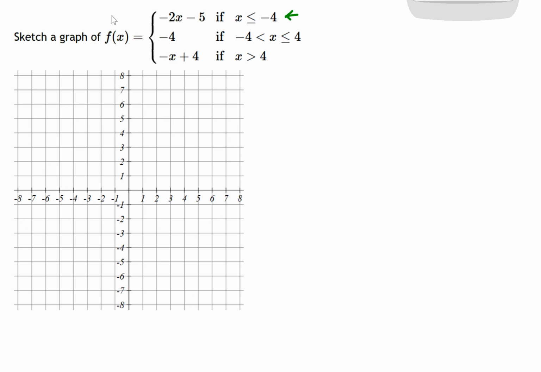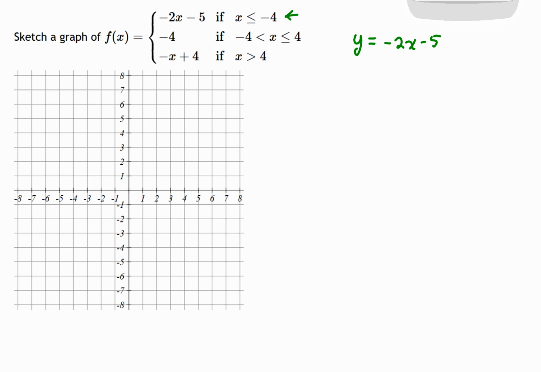And we learned that function notation is an interchangeable way to say y. So if I say y equals, and then just take that first piece, negative 2x minus 5, then what I really have for that first piece is just that I'm going to graph a line.